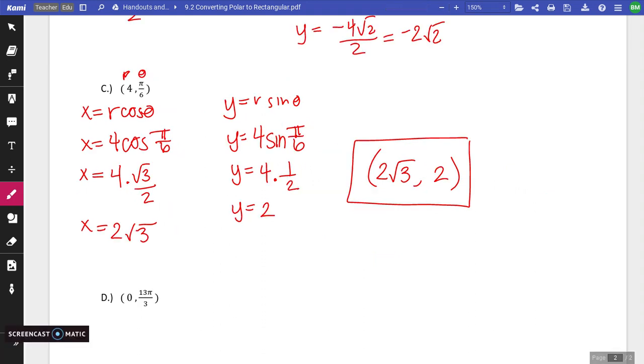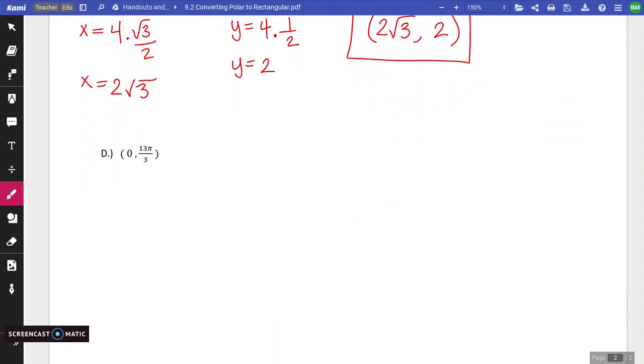And then really quick, the last one here looks like it might be tricky because of that 13 pi over 3. But if we start to plug into our formula, x equals r cosine theta, we have x equals 0 times cosine of 13 pi over 3. It doesn't matter what cosine of 13 pi over 3 is because we're multiplying it by 0.